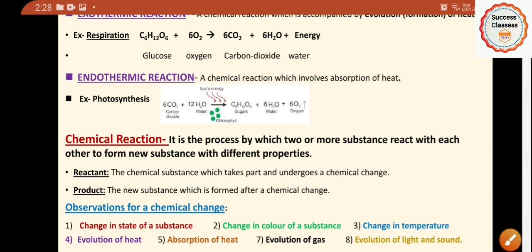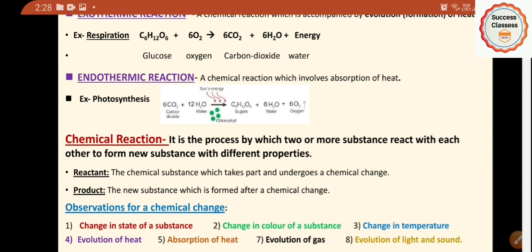Third is the change in temperature. While performing an experiment, we can see that the test tube or the beaker may become hot. The next is the evolution of heat and the absorption of heat, which we have already seen in endothermic and exothermic reactions.